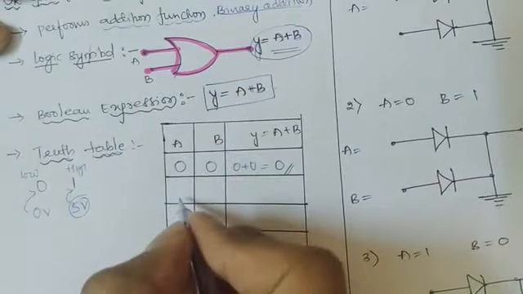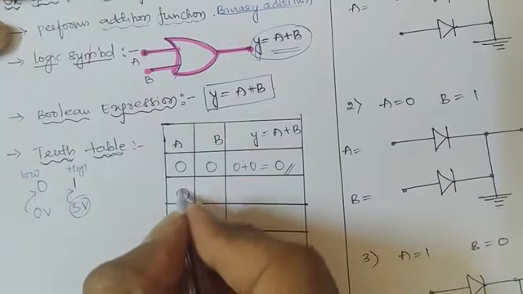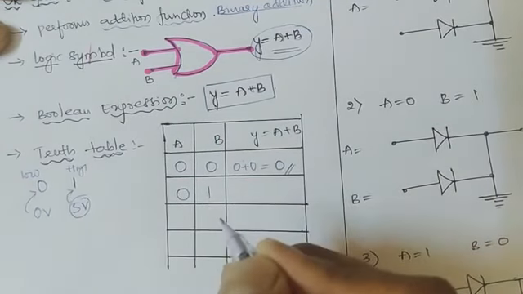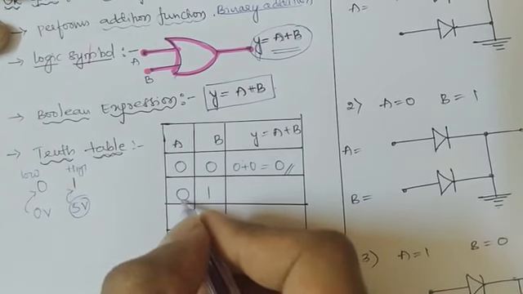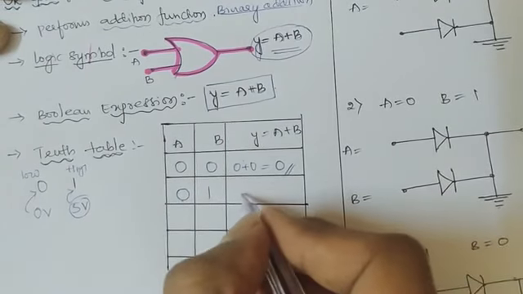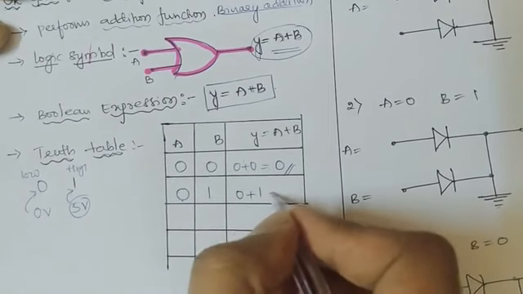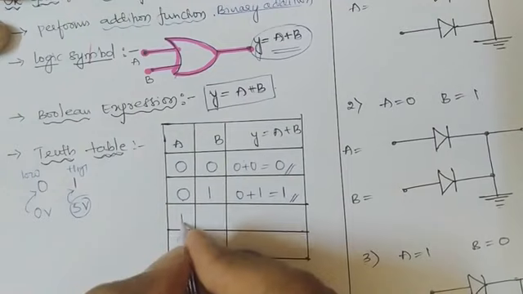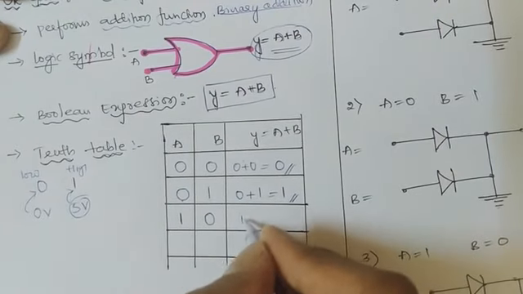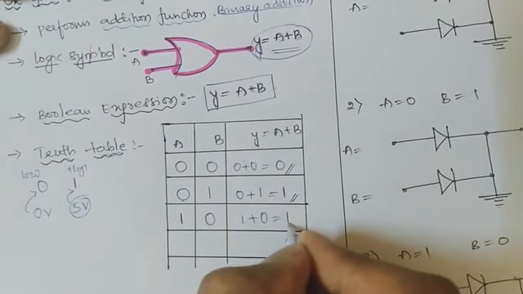That means if we apply inputs A and B low, then the output will also be low. Next, if I apply A equal to 0 and B equal to 1, that is a low signal and a high signal, then 0 plus 1 gives 1. Similarly, vice versa, 1 and 0 gives 1 plus 0 equal to 1.